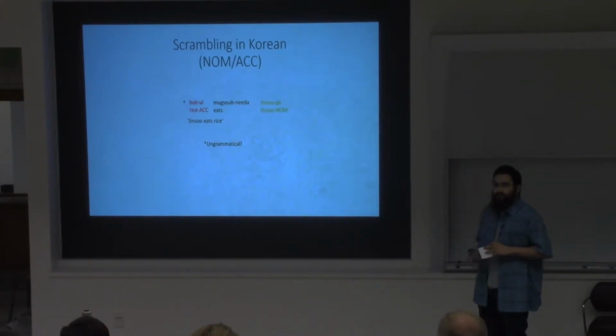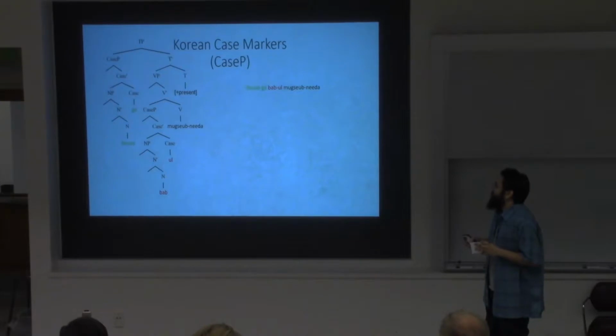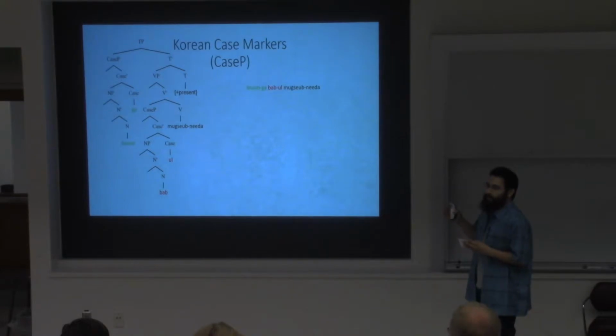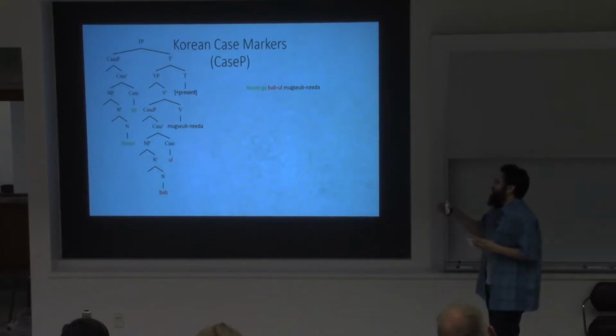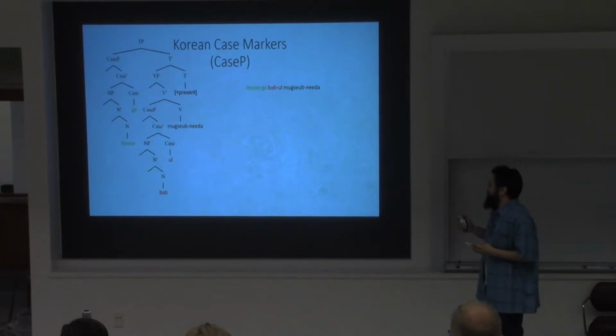Now that we have some type of evidence of case marking, how can we actually diagram this in a tree? So here we have our X-Bar tree again, and I've exploded the noun phrases into a case phrase. So we have, in green, Jinsu ga as the subject, and our object, Bob ul, and then the verb, mugsub nida.